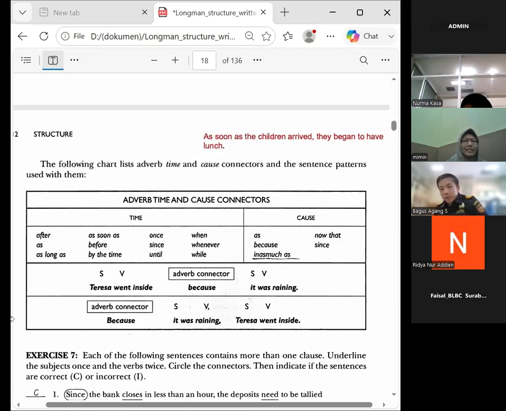All right, now let's take a look at the connectors here. Do you have any questions? No? All right, good. Now, Teresa went inside. Teresa is the subject, went is the verb. Because is the adverb connector. It was raining, subject and verb again. Why do I put an emphasis on the importance of identifying subjects and verbs?